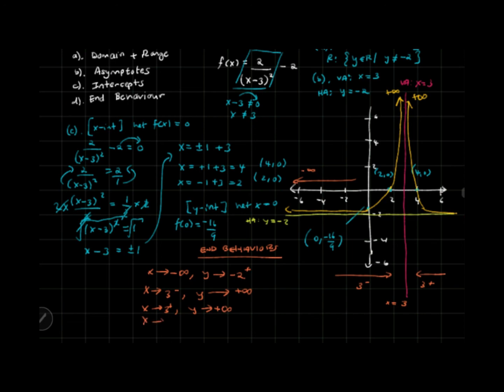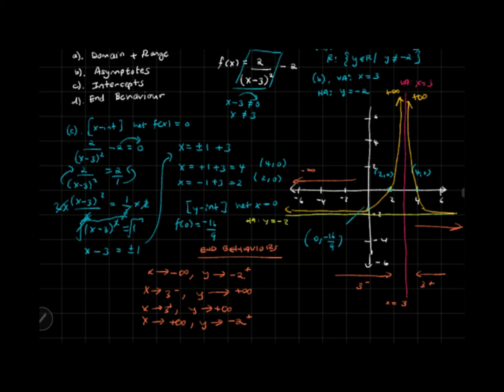And furthermore, as x approaches positive infinity, you can see that as we go this way, y gets closer and closer to the horizontal asymptote, and it's from the top half as well. So you can notice that as x approaches positive or negative infinity, the horizontal asymptote is being approached from the same direction, and as x approaches the vertical asymptote from both directions, you also approach it from the same direction.